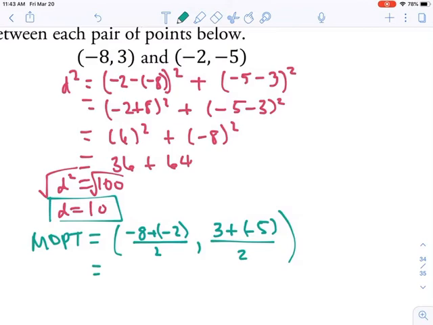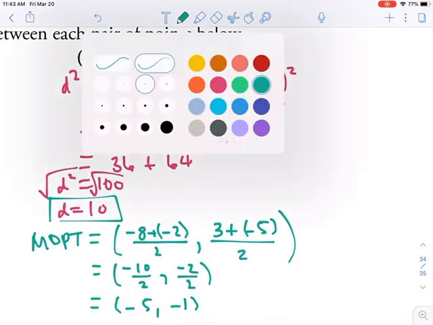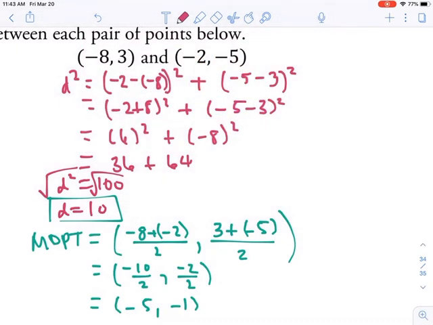All right, so -8 plus -2 is -10. When I average that, we're going to get -10 over 2. And then 3 plus -5 is -2 over 2. So that gives me a final point of -5, -1. Okay, so there's the midpoint.